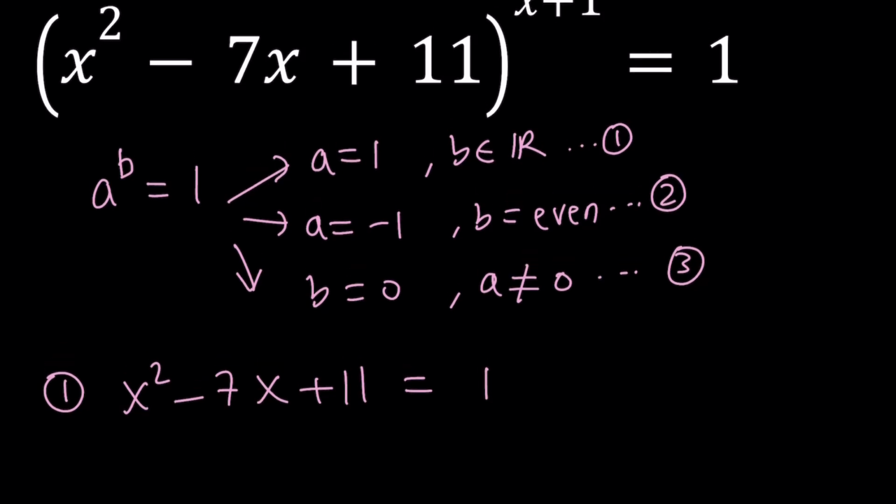Our exponent is x + 1, so you want x + 1 to be a real number, but x + 1 is always going to be a real number, right? As long as this equation has real solutions. What happens if the equation doesn't have any real solutions? Then it'll have non-real complex solutions, and in that case, x + 1 is not going to be a real number either.